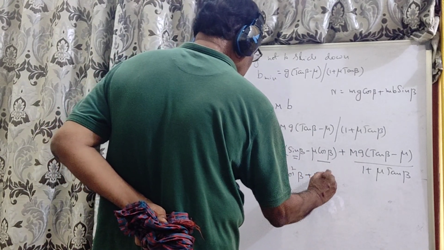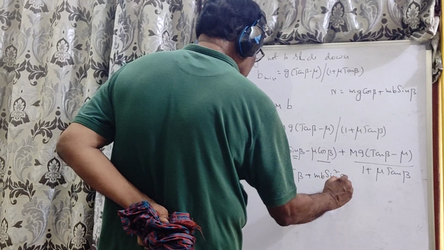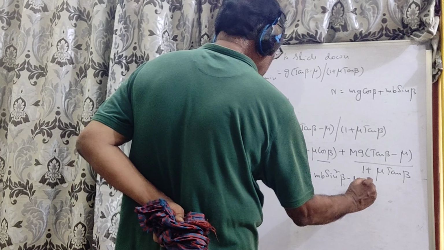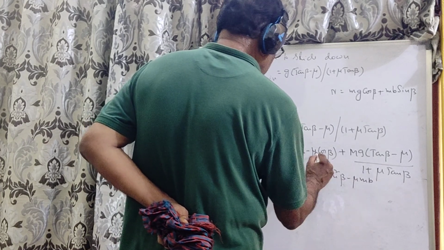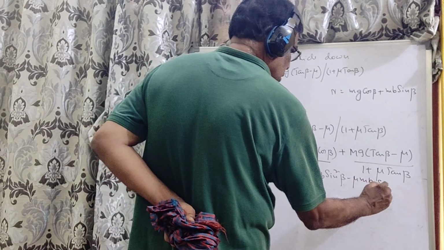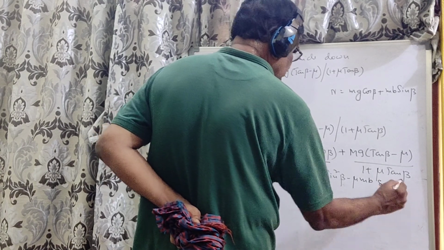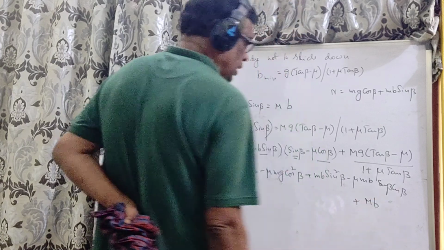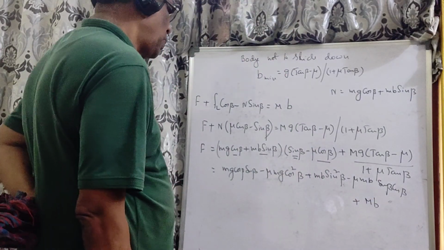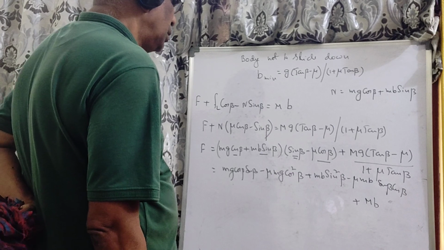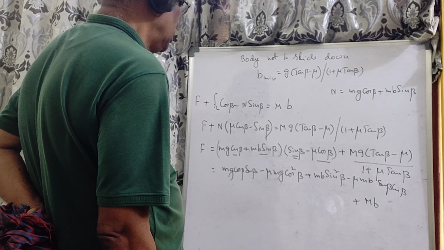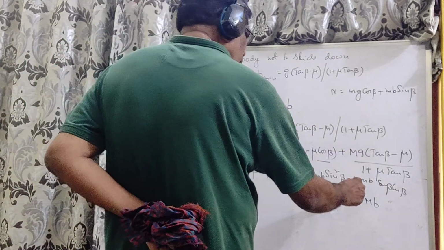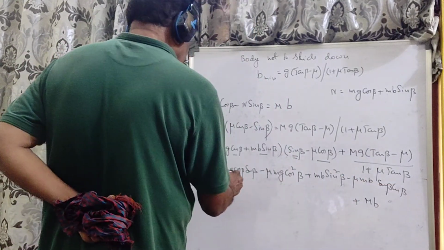Plus mb sin square beta minus mu mb sin beta cos beta, plus all this I'm writing for the time being as mb. Alright, okay. Mu mb sin beta cos beta mg.